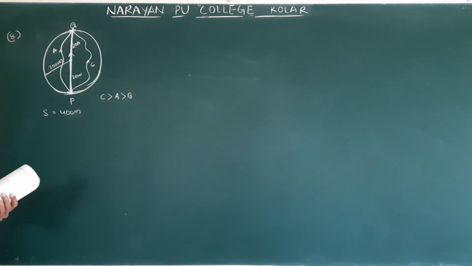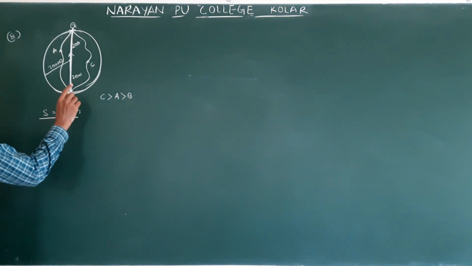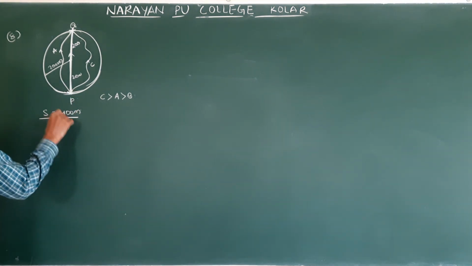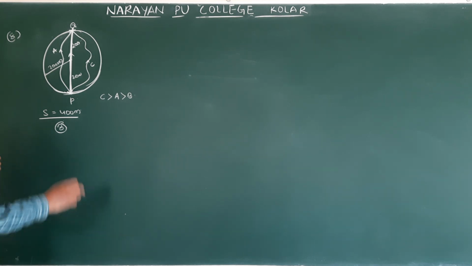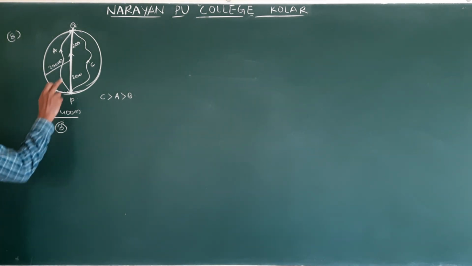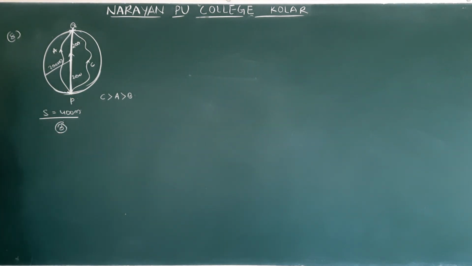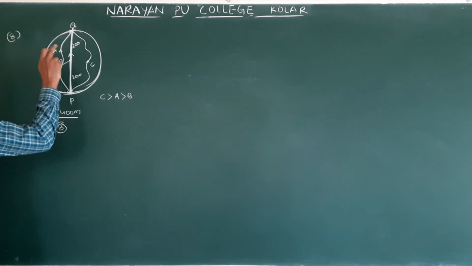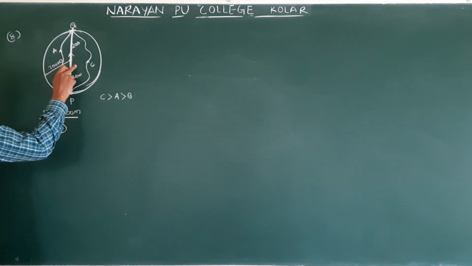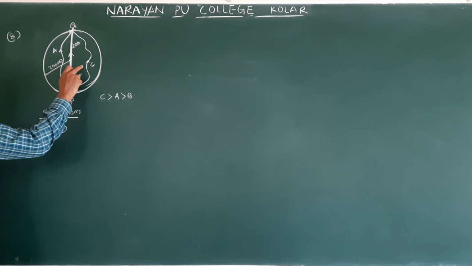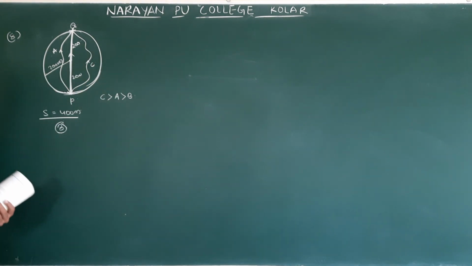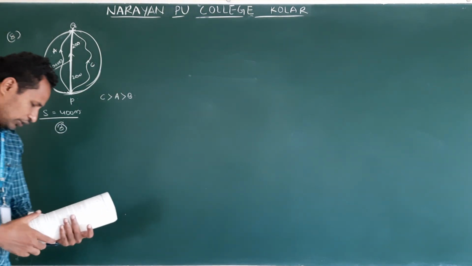That is the asked question. For which girl is it equal to the actual length of the path skated? For B. Clear? So for girl B, displacement and path length are the same. But for girl A and girl C, displacement is 400, but path lengths are more than 400. Clear? So this is about the 8th question.